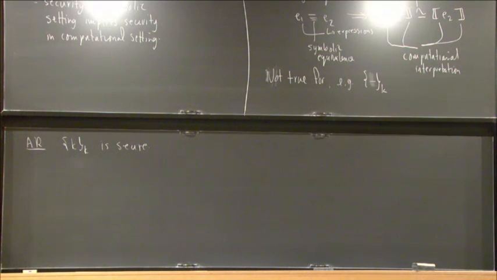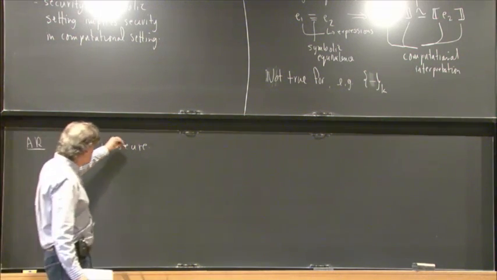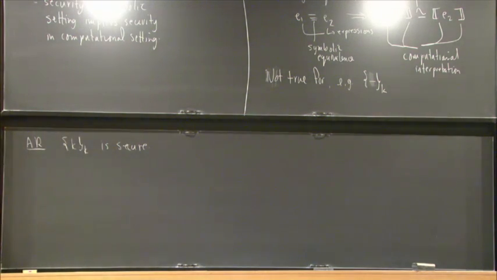So in the Abadi-Rogaway setting, the encryption of a key under itself is secure, but it was known back to the time when Goldwasser and Micali first introduced secure notions of a secure encryption computationally, that the kind of security they were talking about does not allow us to encrypt a key under itself.